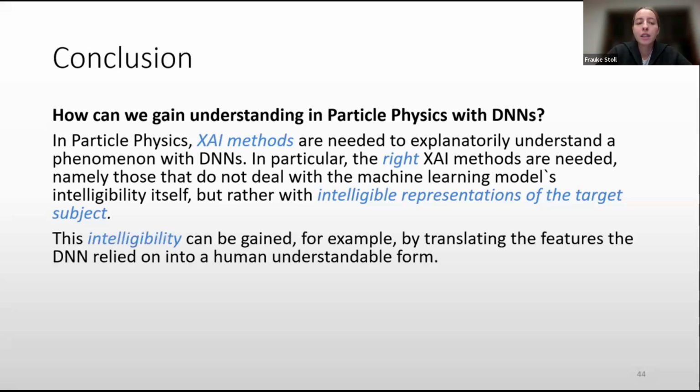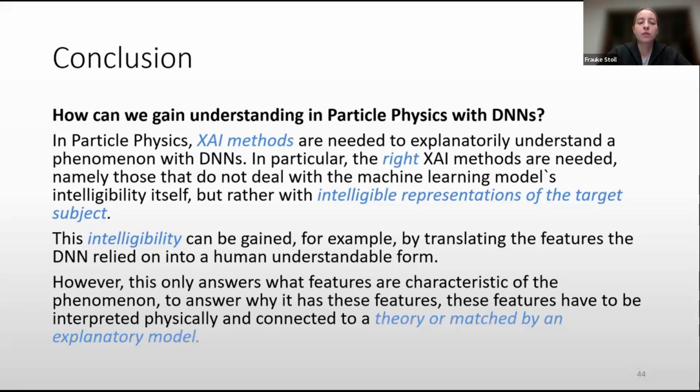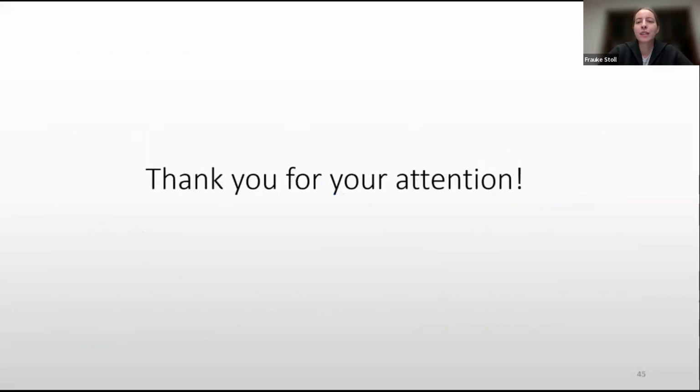And this intelligibility can be gained, for example, by translating the features the DNN relied on into a human understandable form. However, this only answers what features are characteristic of the phenomenon, and to answer a why question, these features have to be interpreted physically and connected to a theory or matched by an explanatory model. And with that, thank you for your attention.